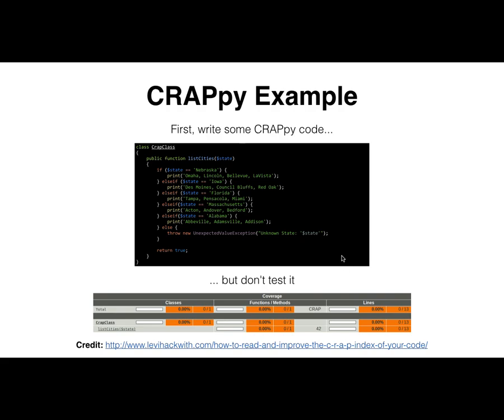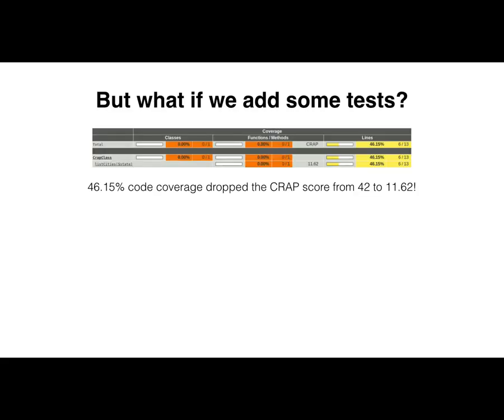There's no hard and fast rule that your crap score must be less than X in order for your code to be good. It's a guideline. If you see a lot of methods in your application that are okay with their crap score, maybe in single digits, and you see something here that's a 42, that's an indication that you need to do something about this. Now, if we write some tests for this method, we're only covering about half of it.